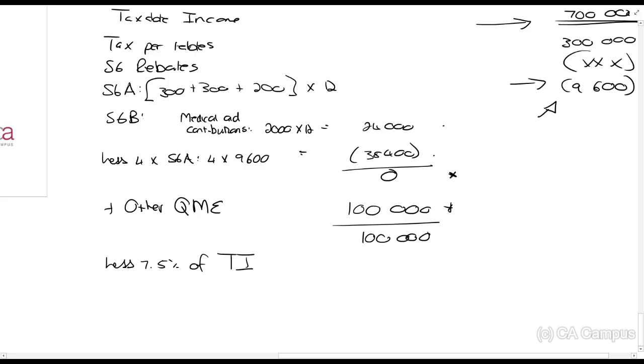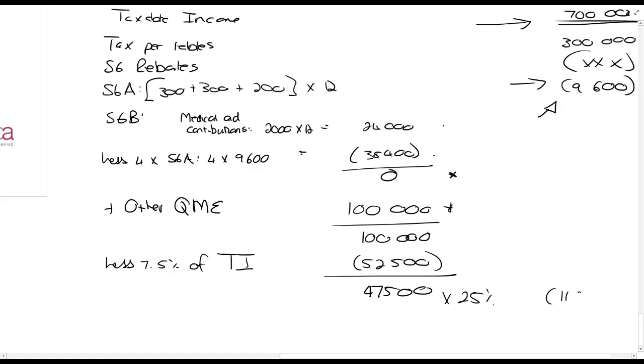So 700,000 times 7.5% is 52,500 rands. So you can see, guys, as they have a lot of medical expenses that qualify for that. That's 47,500. You multiply that by 25%, and that gives you 11,875 as your section 6B.